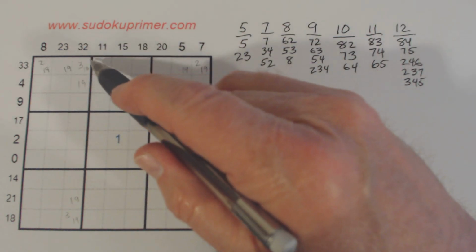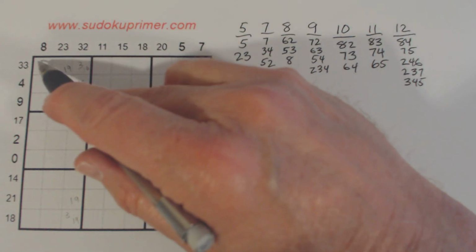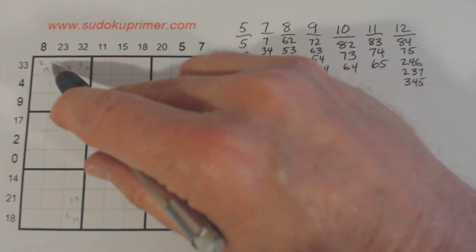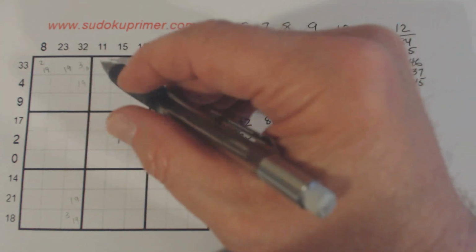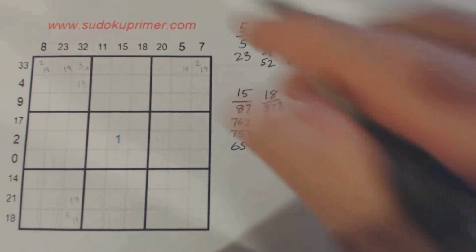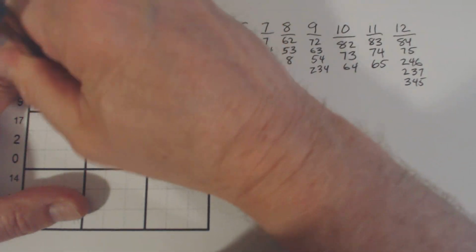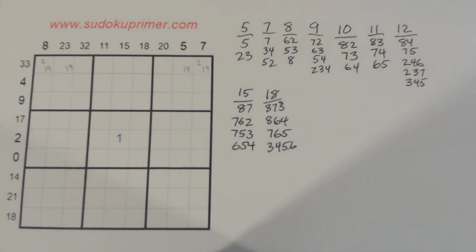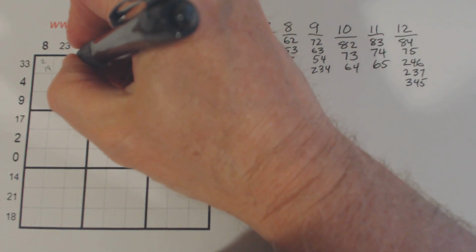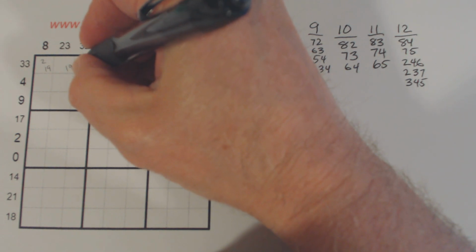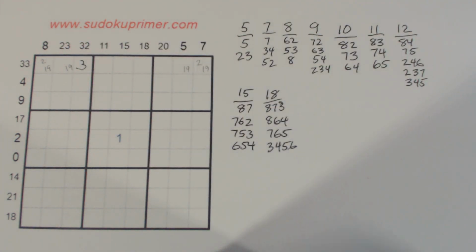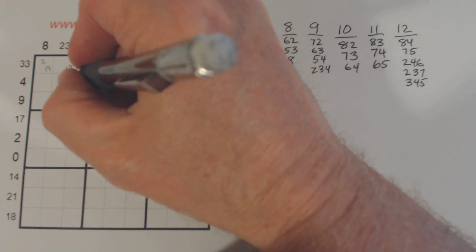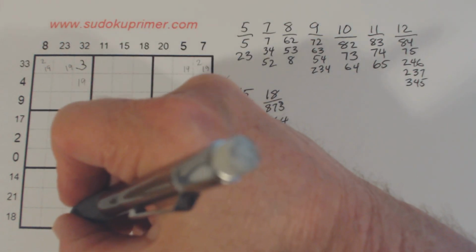But in this case, we can't have a 1 and 9 here, because we've already got 1 and 9s here on the ends, so we know that's a 3. So we can put in a 3, and I'll use a pen to mark the permanent numbers, and we know that this is a 1 or a 9, and this is a 1 or a 9.